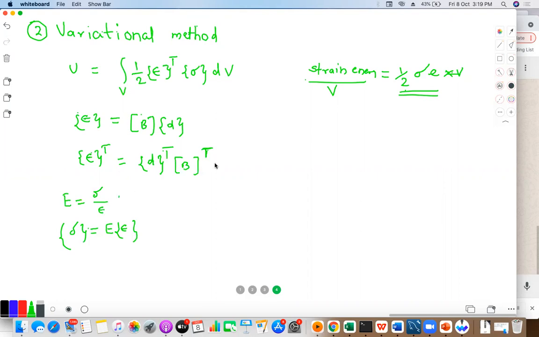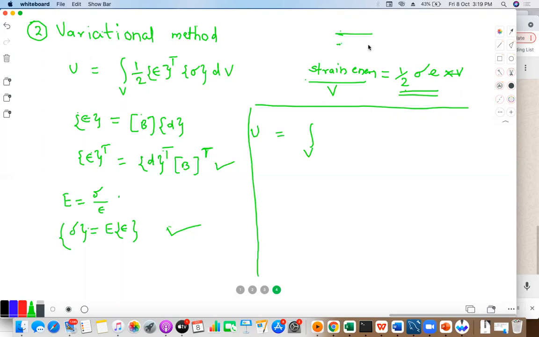So putting this and this in this equation, I will get U is equal to... Now, for this rod with cross section A, I can write dV as equal to A into dx, right?